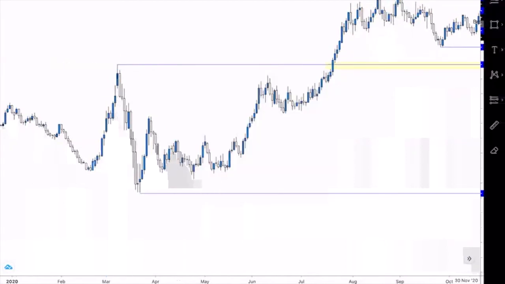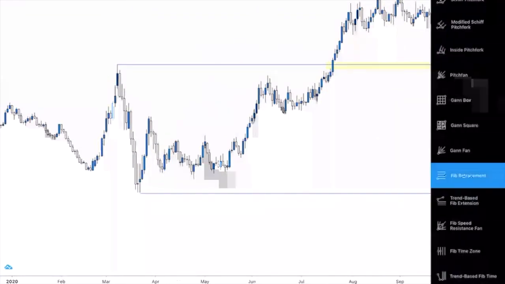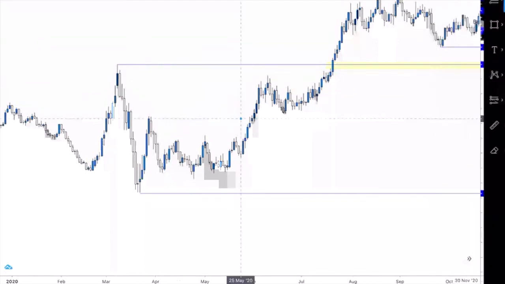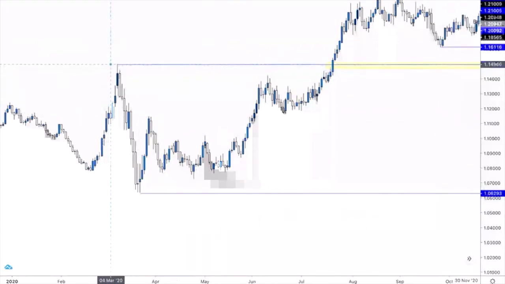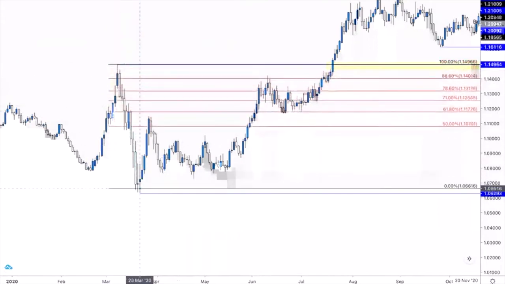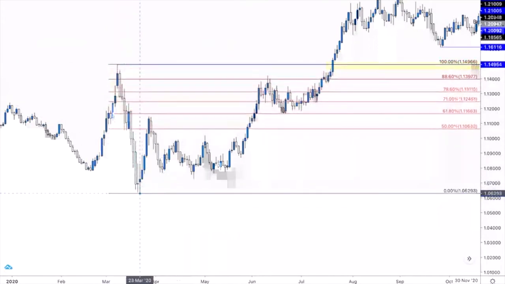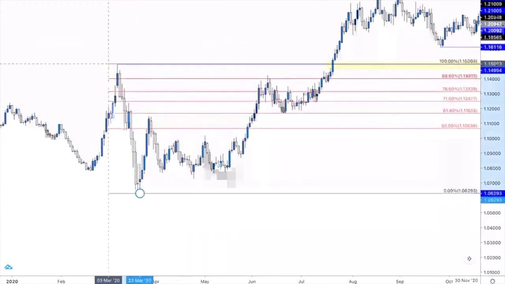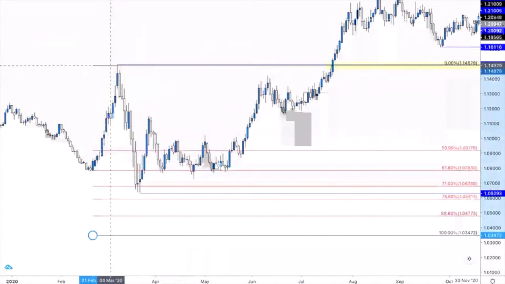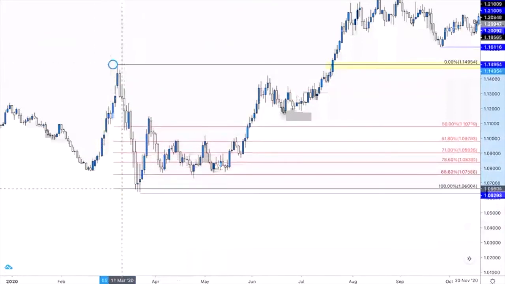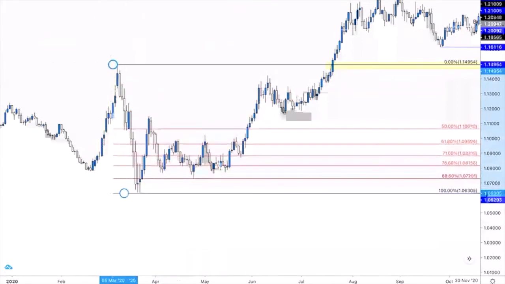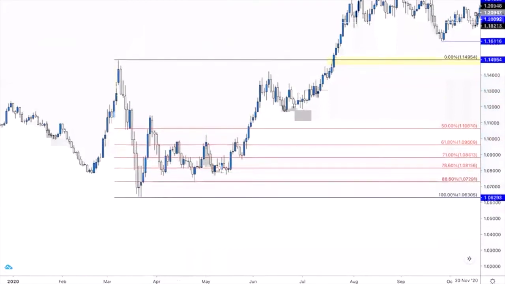How we break up this range is using the Fibonacci retracement, which is highlighted on my screen, right? You pick your high, then you pick your low. Basically, these are key levels where price can play off of. If you don't know the Fibonacci retracement, it's something you've got to look into.